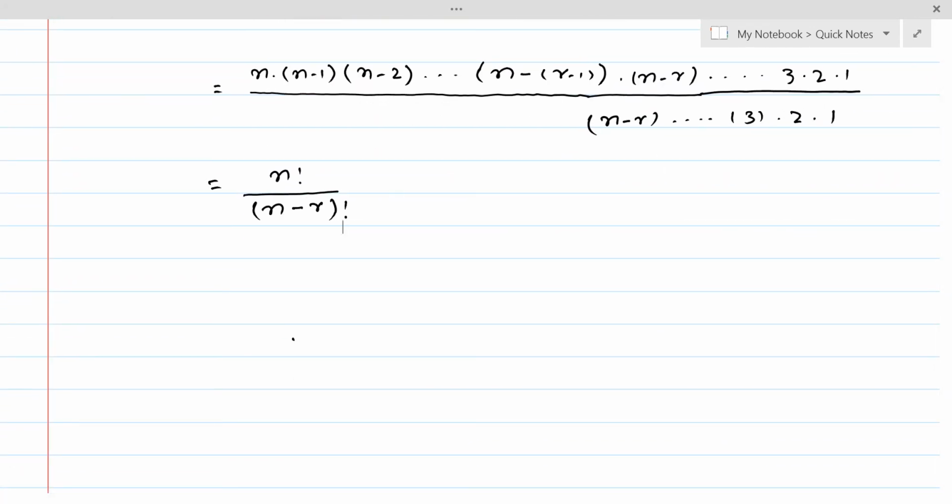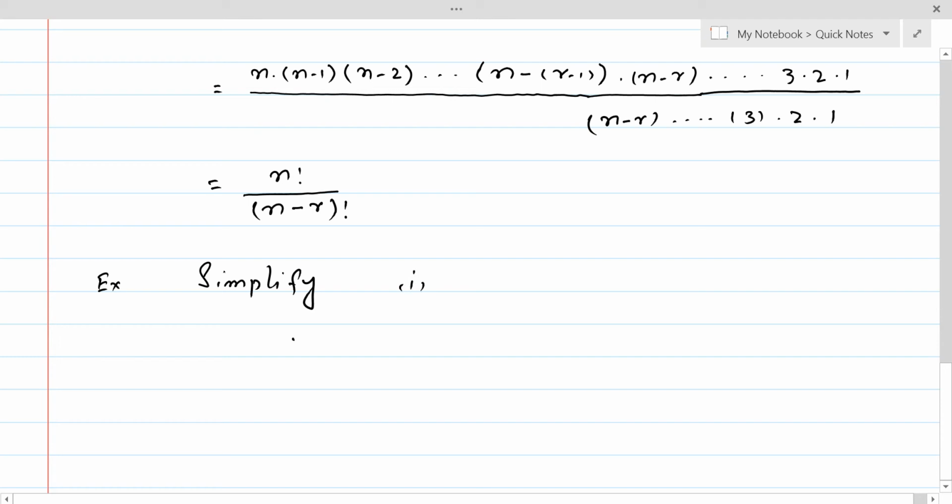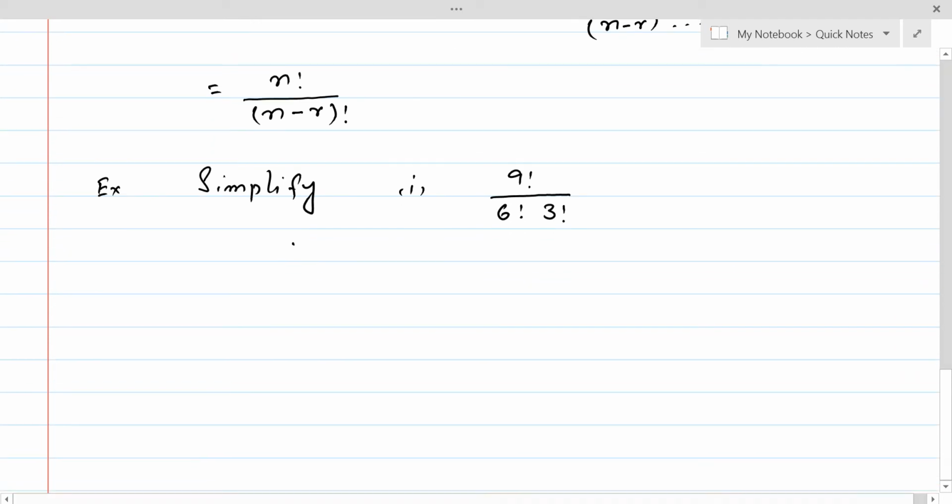And the next question is to simplify. First question is 9 factorial over 6 factorial into 3 factorial. Just like before, we can write the product of natural numbers up to 9.